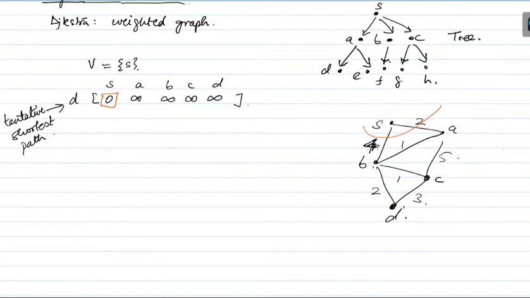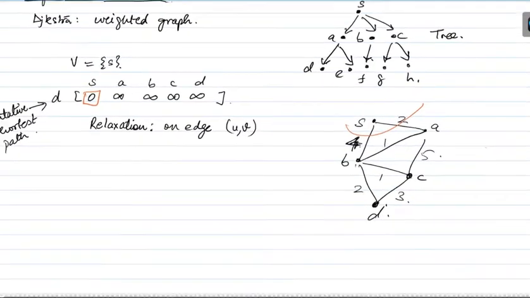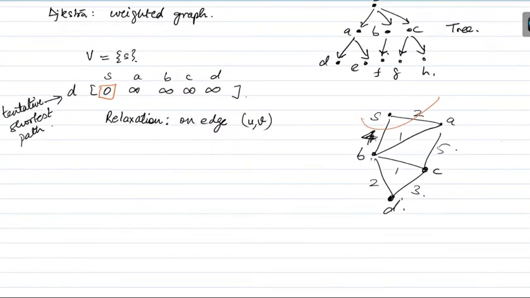on them. What is a relaxation operation? A relaxation on an edge UV means that we check if D of V is less than or equal to D of U plus the weight on the edge UV.